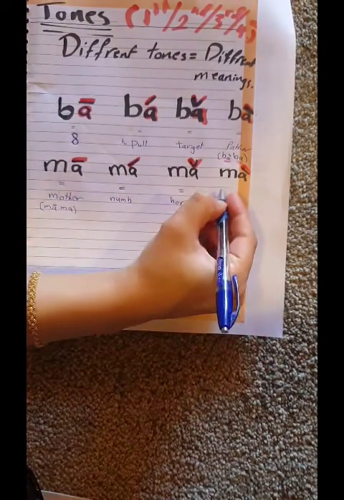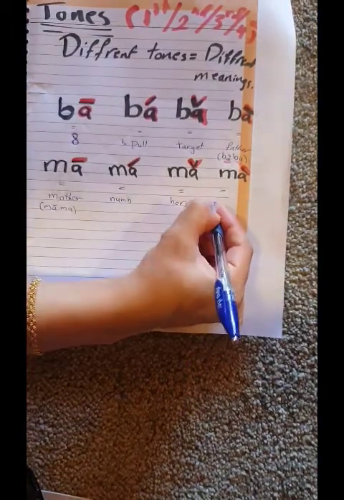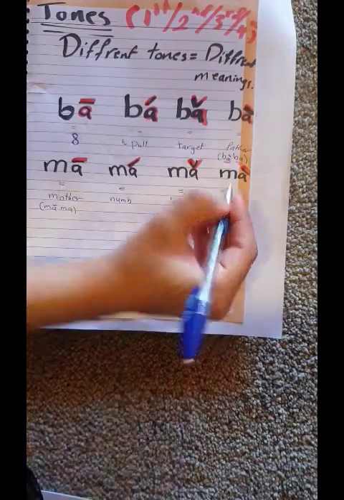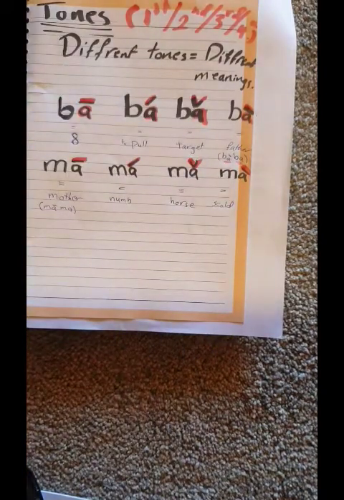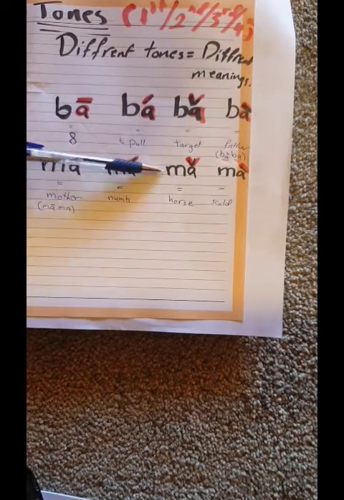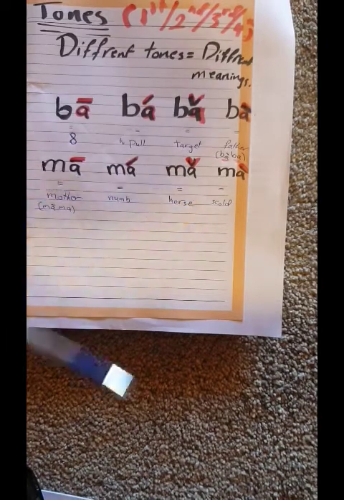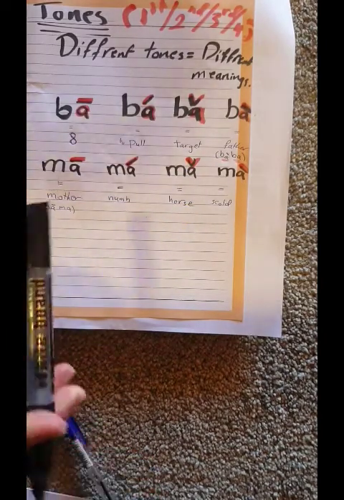Then ma. Ma, which means skull. Okay, so ma, mother, ma, numb, ma, horse, ma, skull.